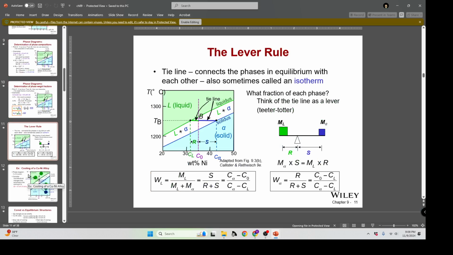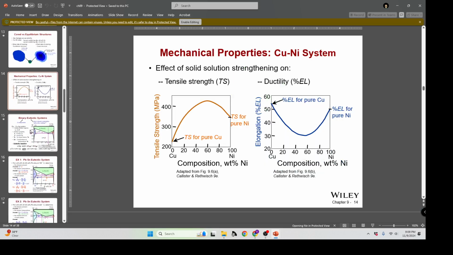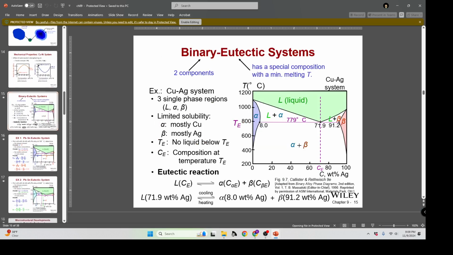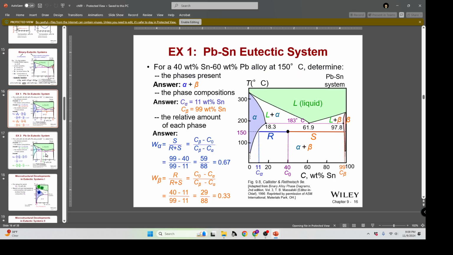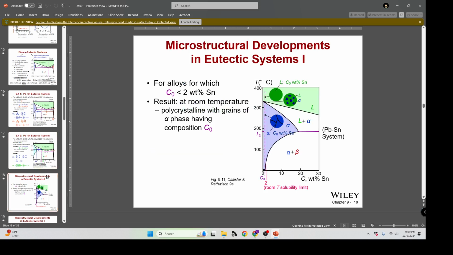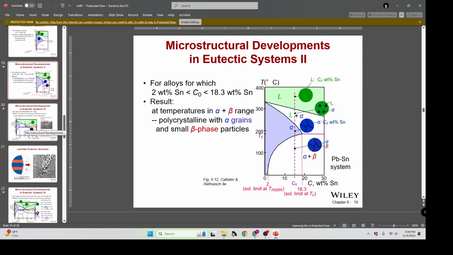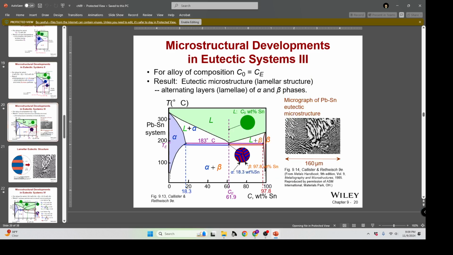So you need to understand the lever rule, you need to understand how to use it and how to read phase envelopes, phase diagrams, understand for a given system. For the most part, we're going to be testing over things like binary systems. We're not going to go to trinary systems and be as mean as I could be, because then everybody would fail and there would be much wailing and gnashing of teeth.